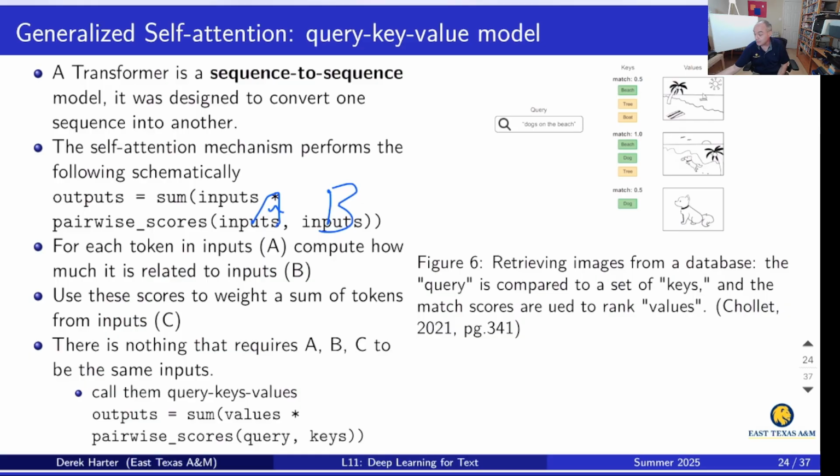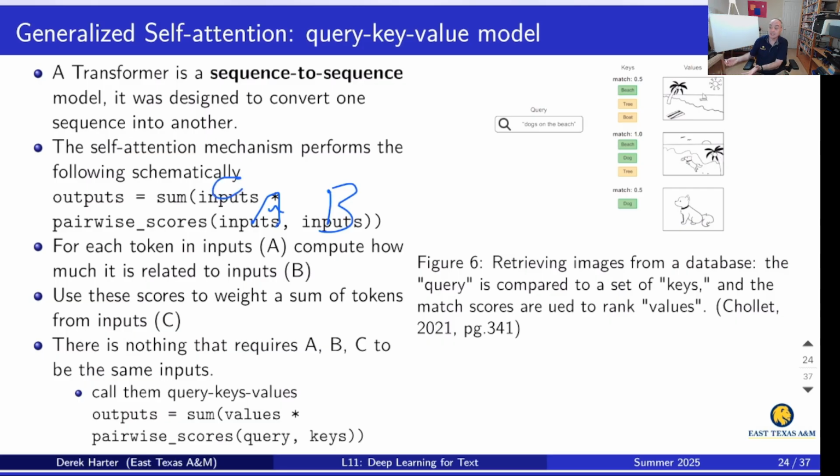We were using the same inputs for both the pivot and the things it was being compared to. Then we used those scores to make a weighted sum of the tokens from input C.